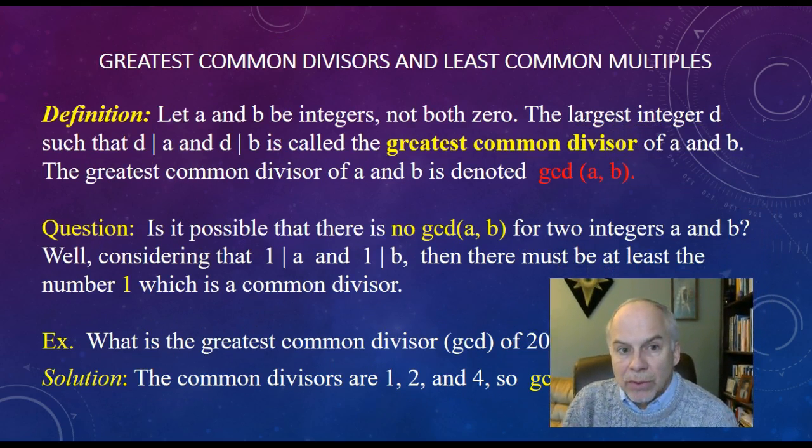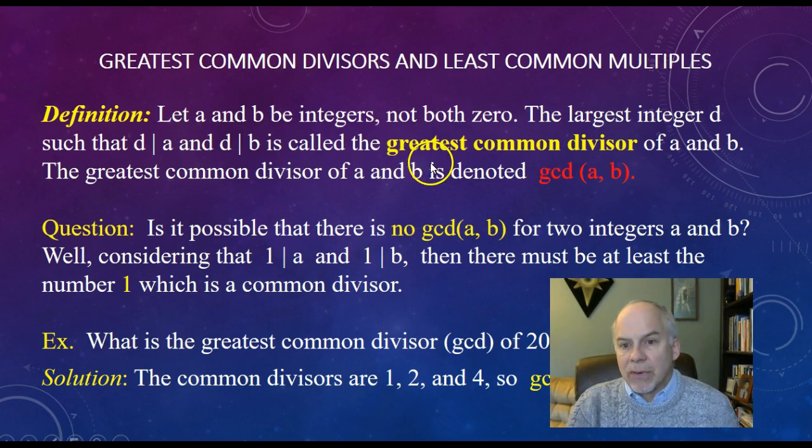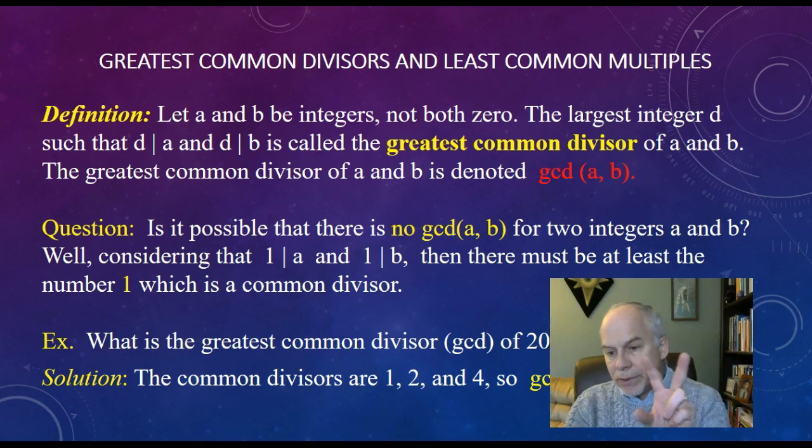All right, so let's talk about greatest common divisors and least common multiples. Okay, so here's the definition of the greatest common divisor. Let a and b be integers, not both 0. So you need 2 integers so that at least one of them is not 0.